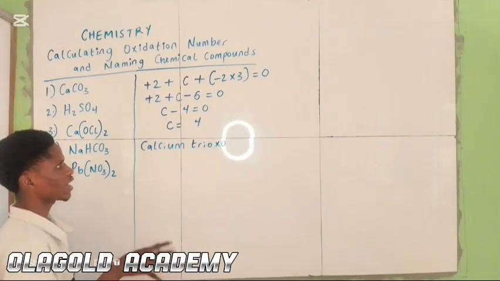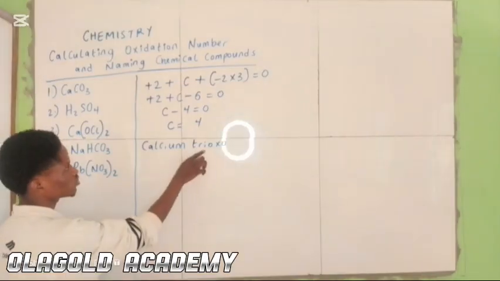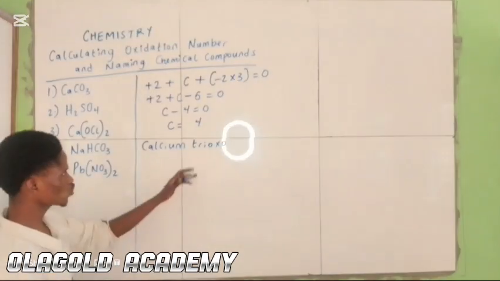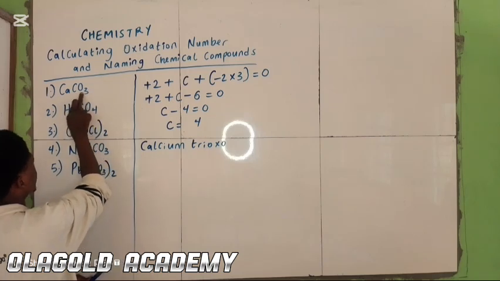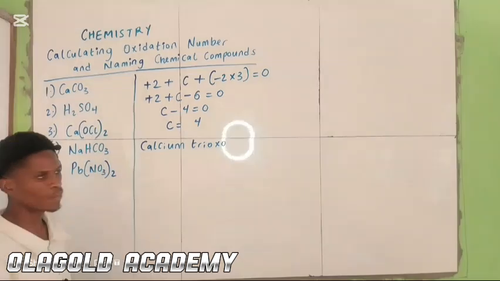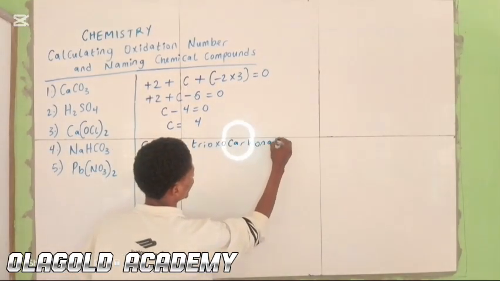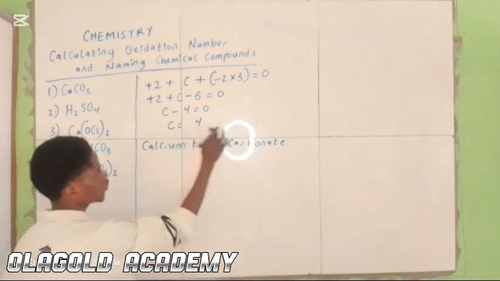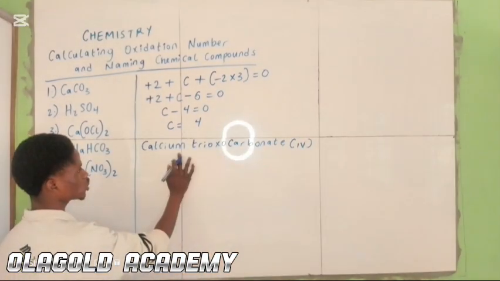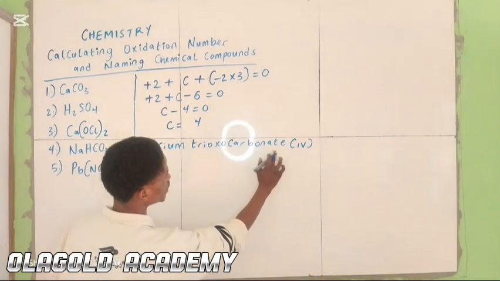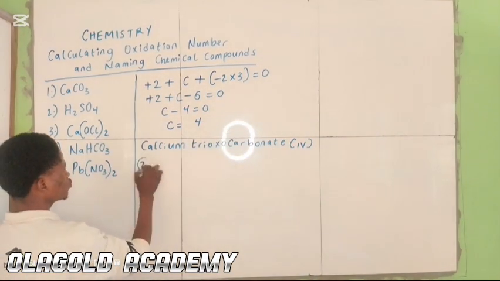Ozo is another short form for oxygen, when we put this tri with the oxygen, it becomes calcium triozo. Then we combine these 2 together. CO is carbonate. Triozo carbonate. What do we get here? We got 4. So the full name is calcium triozo carbonate 4. That's for number 1.